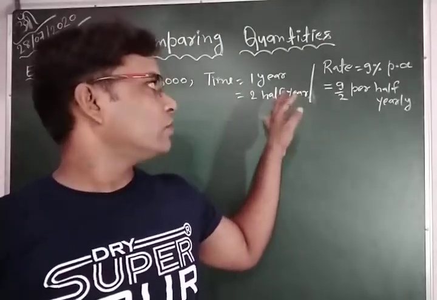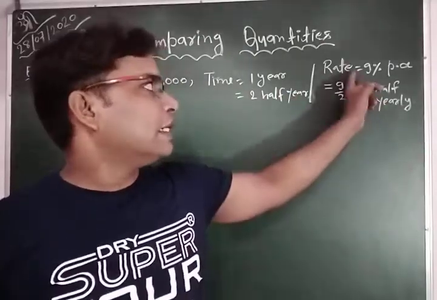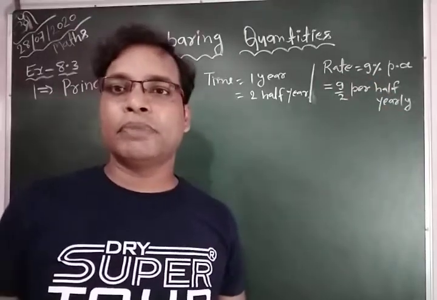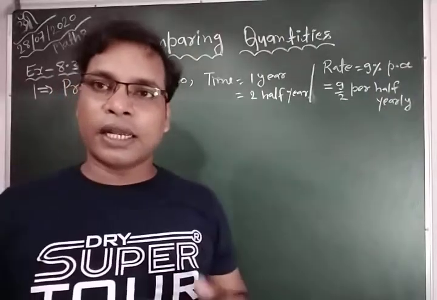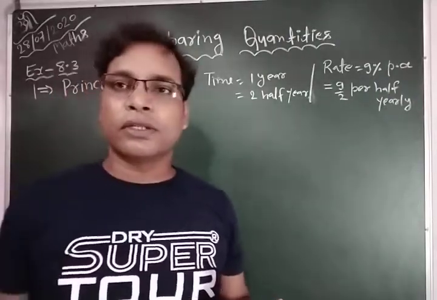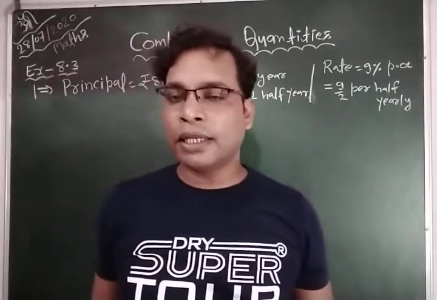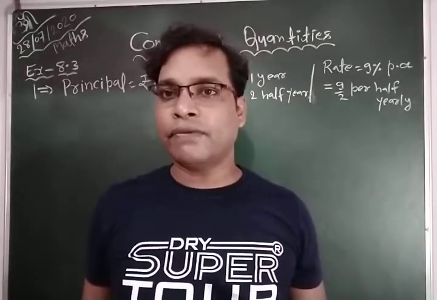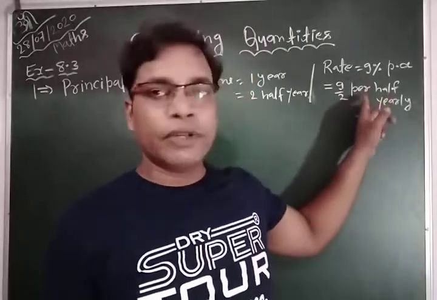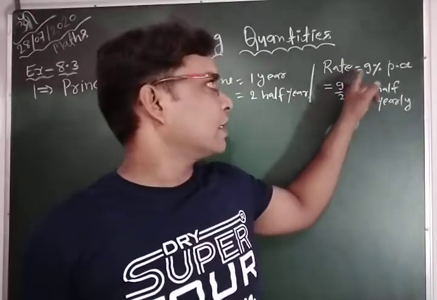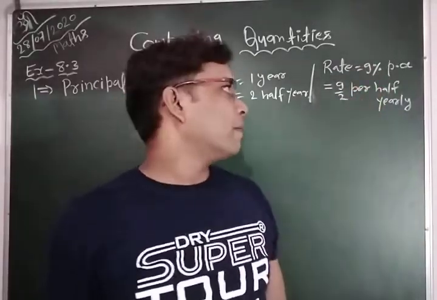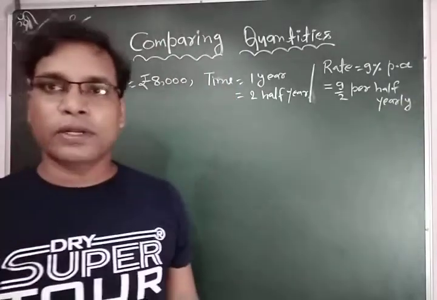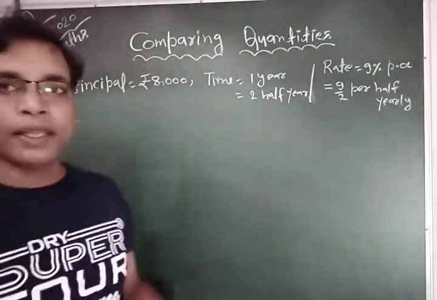So 1 year is equal to 2 half years, and the rate is given 9% per annum. The question told us to find the amount and compound interest half yearly, so we divide the given rate by 2, and we obtain 9 by 2 per half year.